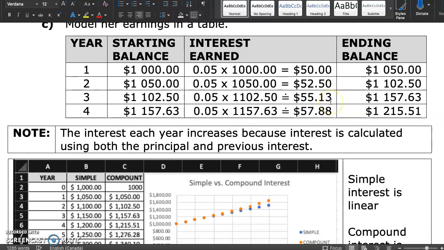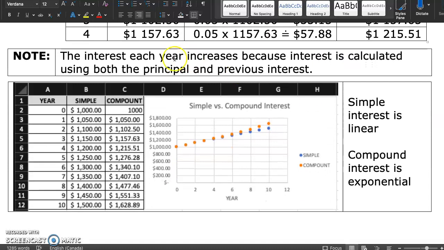So the difference being, we can see the interest each year increases because the interest is calculated using both principal and previous interest. If you look at the graph of each of these, this is just for the first 10 years, and this difference between the simple interest, which is a linear relation going up by equal intervals, this is for a compound interest investment. So it's going up at a bit of a quicker rate.